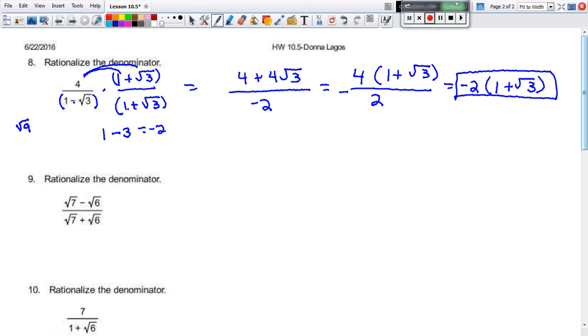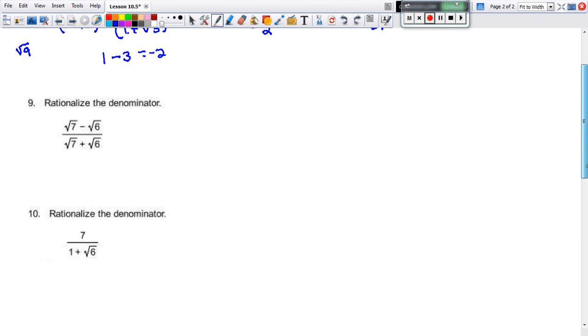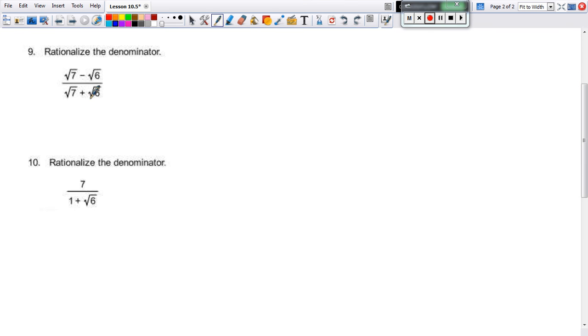Okay, so on the next one, the conjugate is the square root of 7 minus the square root of 6, and you've got to put that on the top too. Okay, so on the top, it's not a difference of 2 squares because the signs in the middle are both the same.